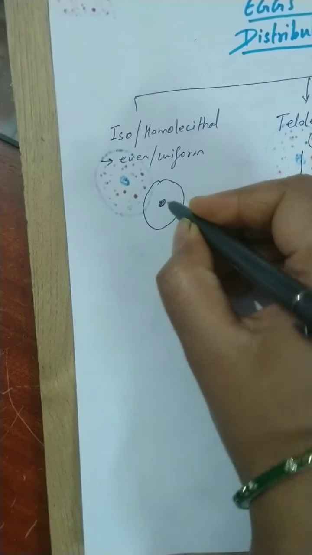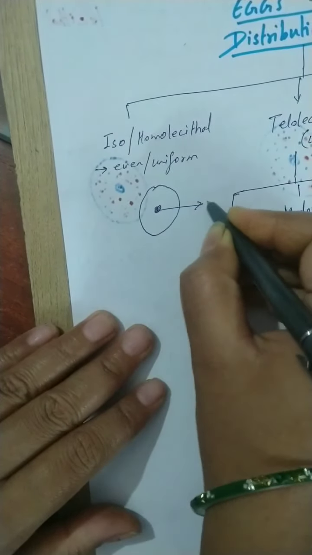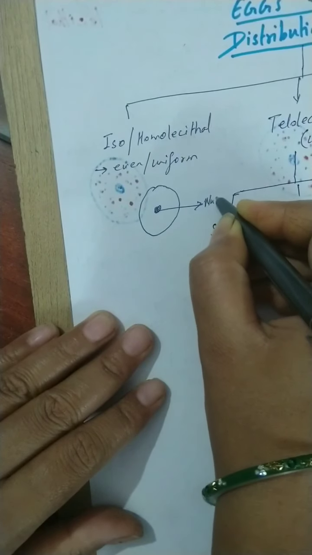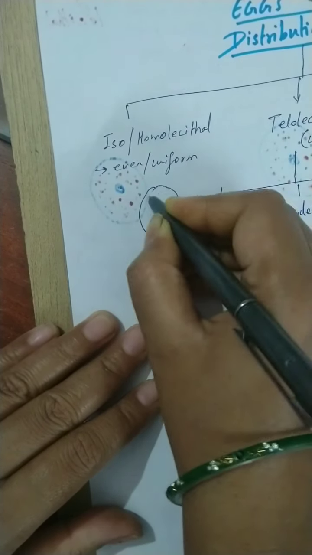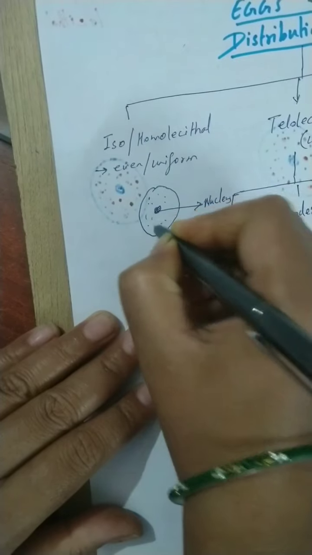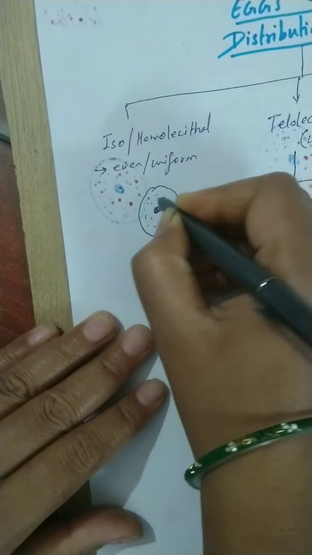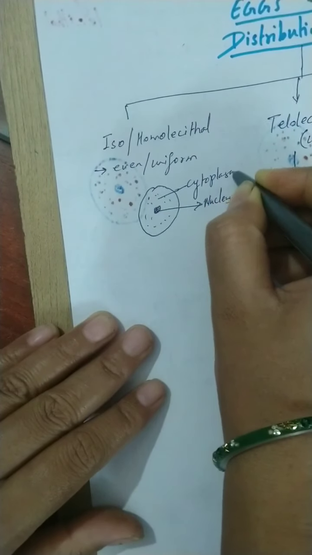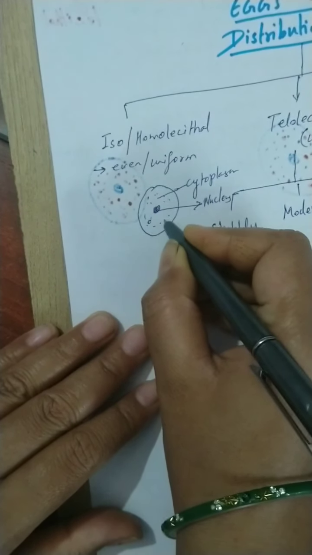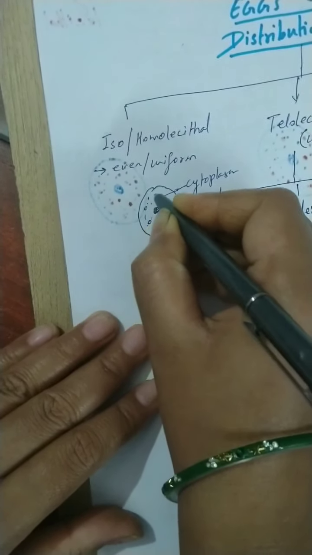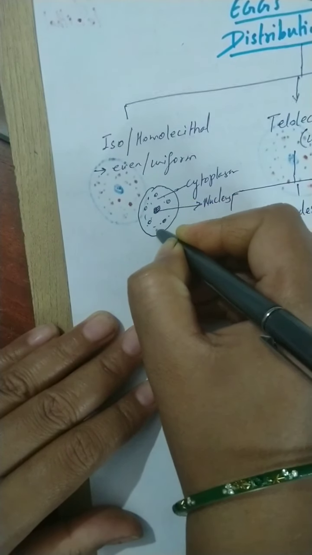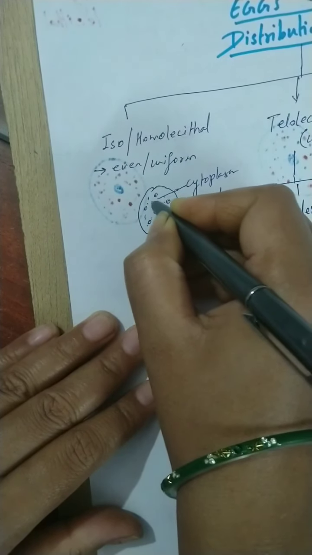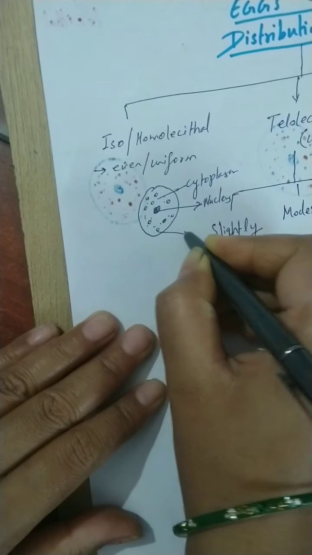This is the egg. This is the nucleus. This is the cytoplasm. And here is the even distribution of yolk. This is the yolk.